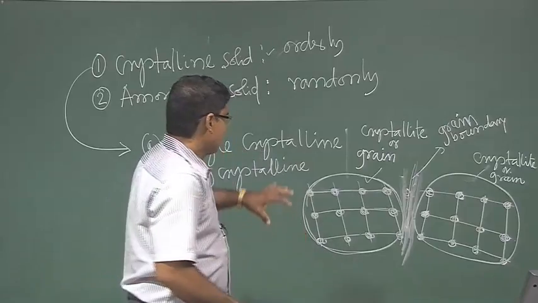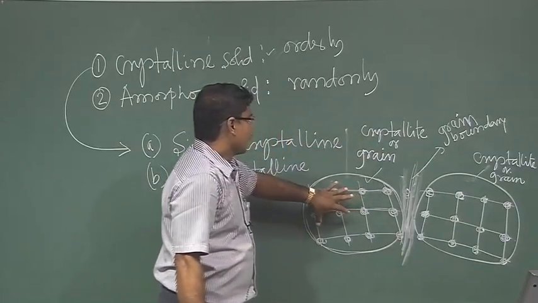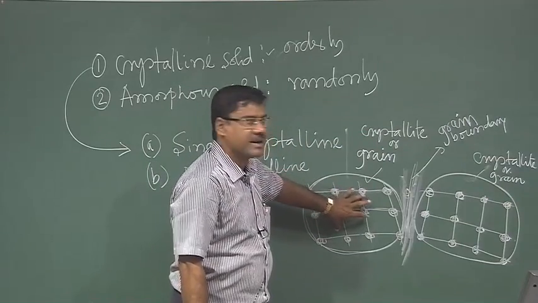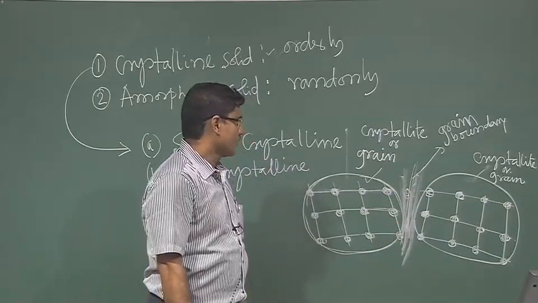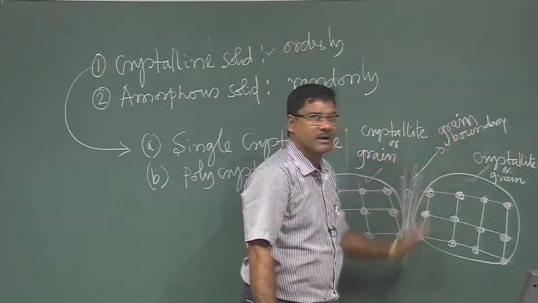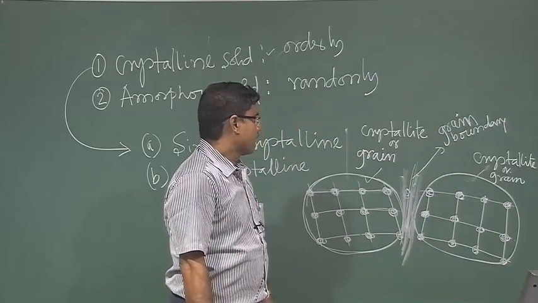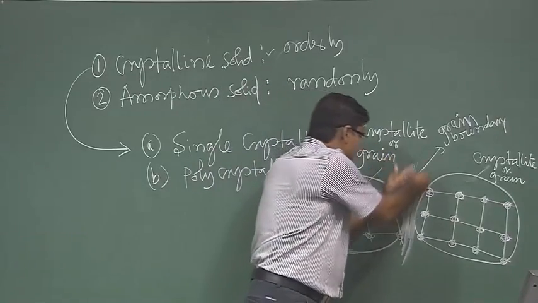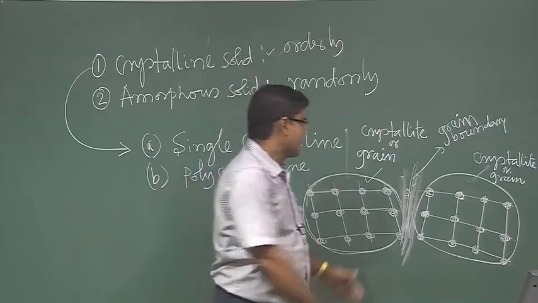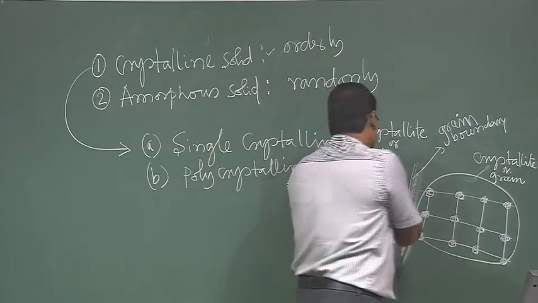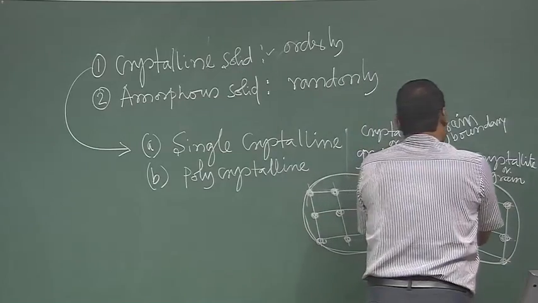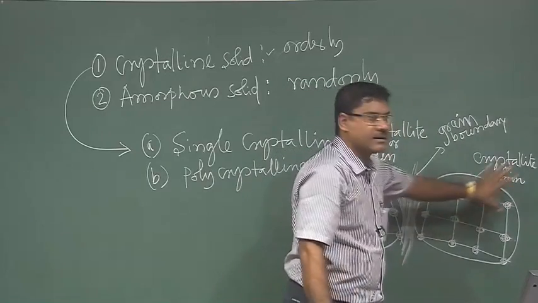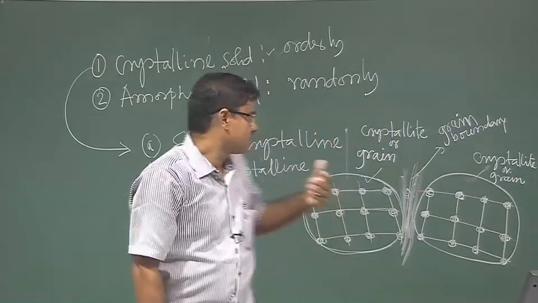So in a polycrystalline solid we will find many grains arranged with grain boundaries, and the same solid can be single crystalline when this interruption is not there. There will not be any grain boundary, and this grain and the other grain will have the same orientation, as if they are continuing the arrangement in the same way.